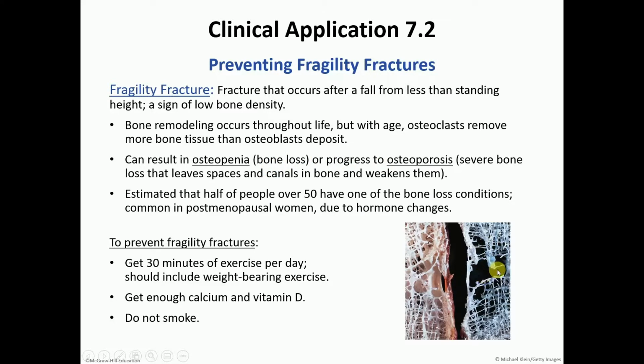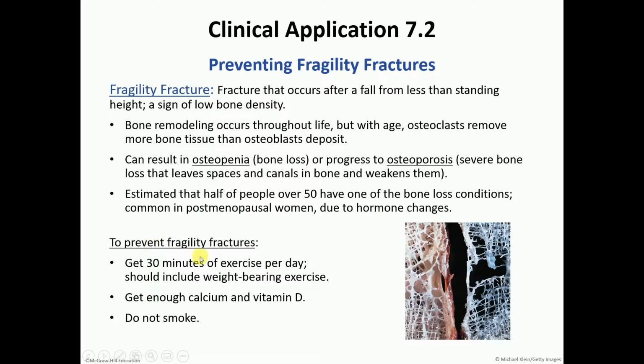And you can see here what osteoporotic tissue would look like. So any minor trauma can actually lead to the fracture of this bone. It is estimated that about 50% of people, 50 or older, do have some sort of bone loss. Again, it's more common in postmenopausal women due to the hormonal changes.